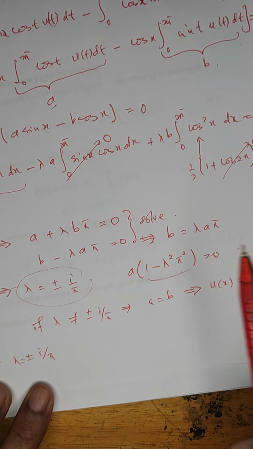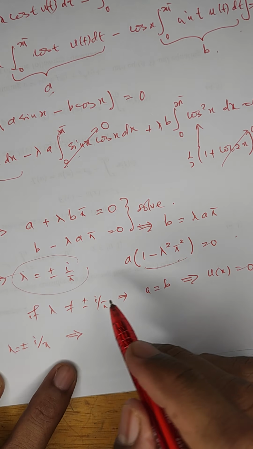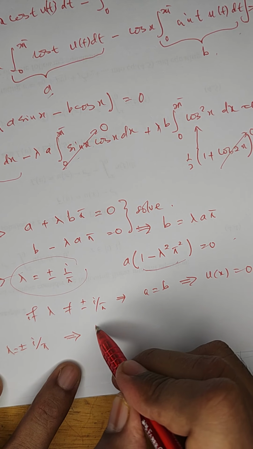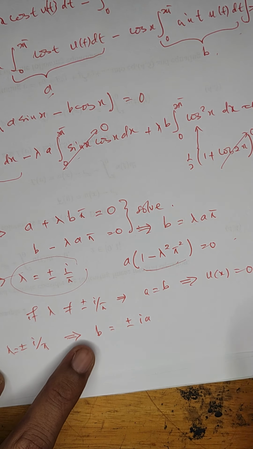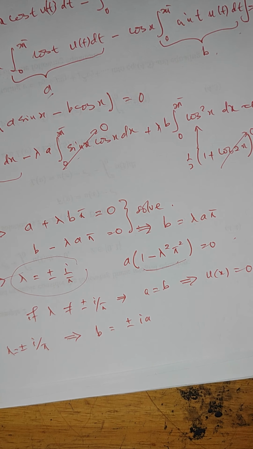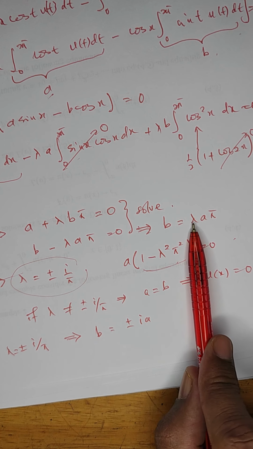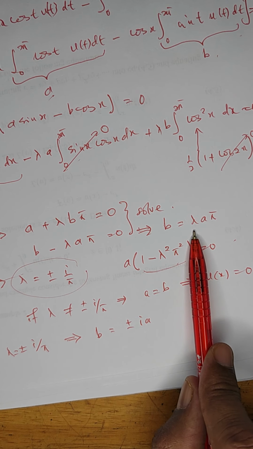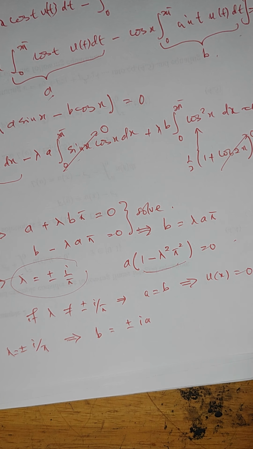So what we have is that B is equal to plus minus iA. Just substitute lambda is 1 over pi, then you can have those things.